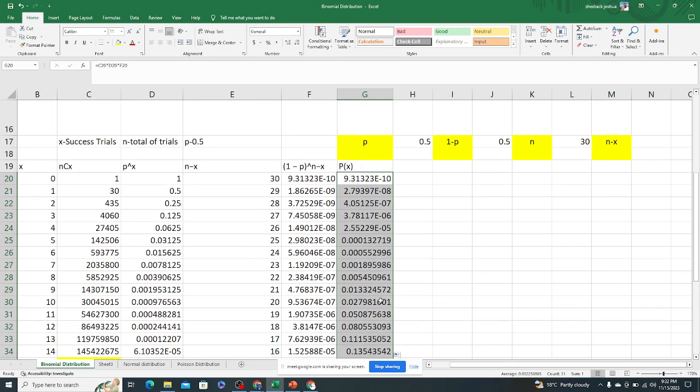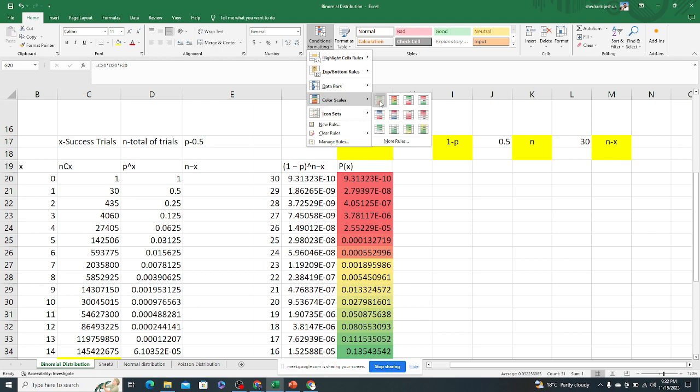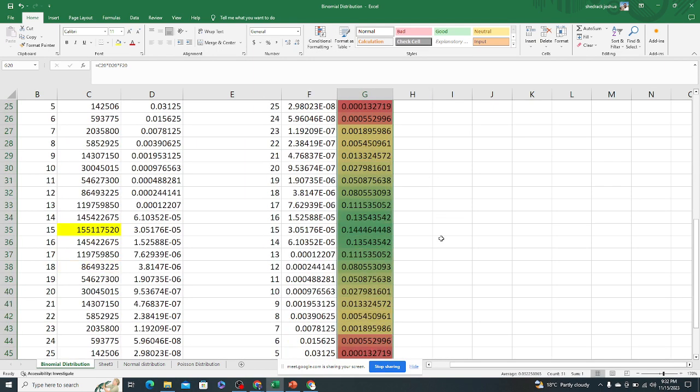In this case, I can also do some conditional formatting so that the probabilities are well visualized.